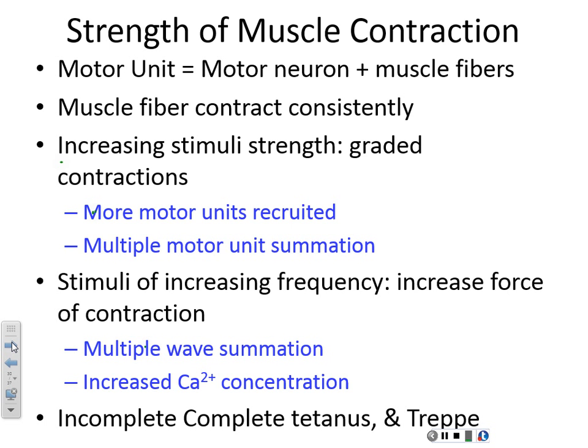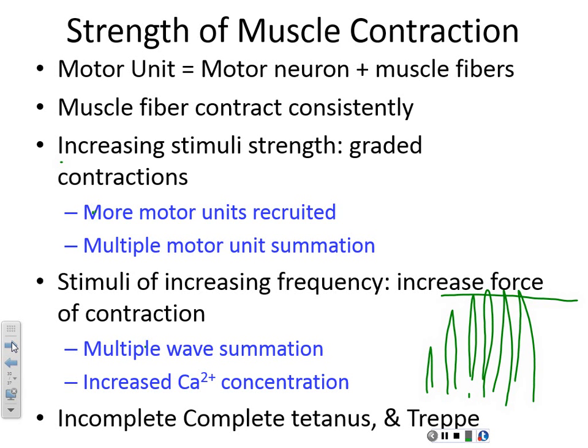So you're applying maximum stimulation, letting the muscle contract and relax, then applying another one, then another one. The muscle will have a graded staircase pattern like this, and then it starts to contract at maximum throughout, because you're letting it contract and relax. So be able to explain incomplete tetanus, complete tetanus, and treppe.